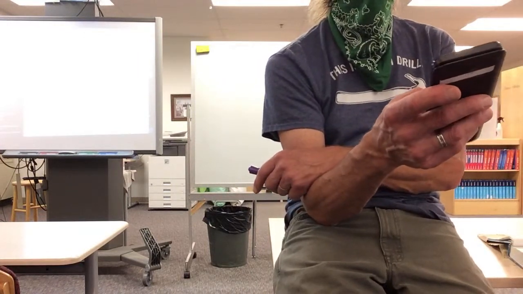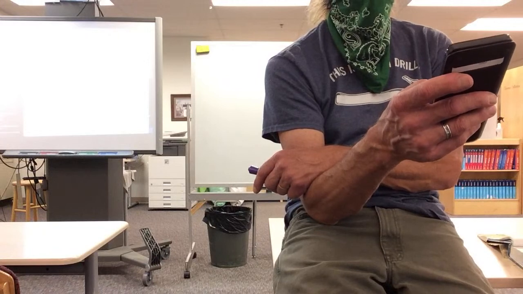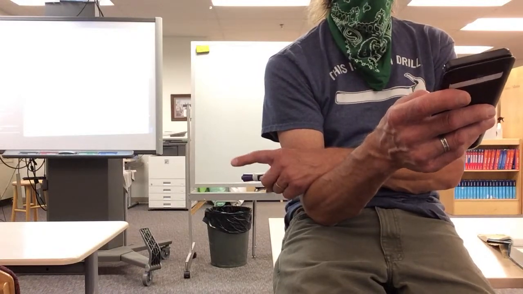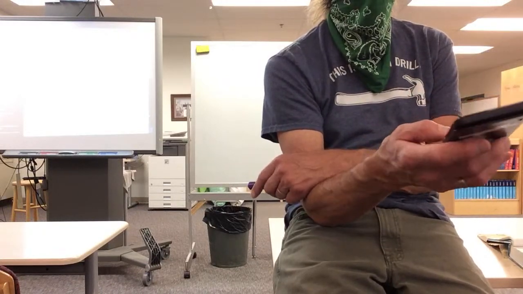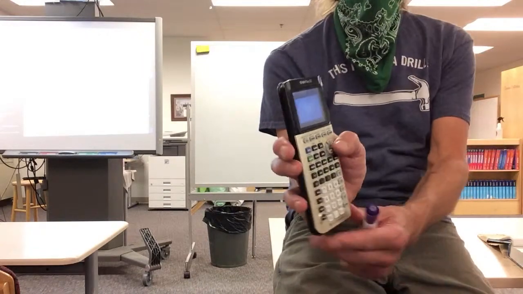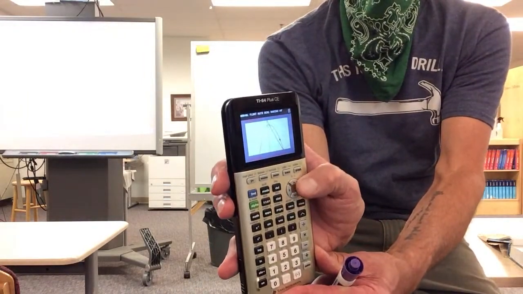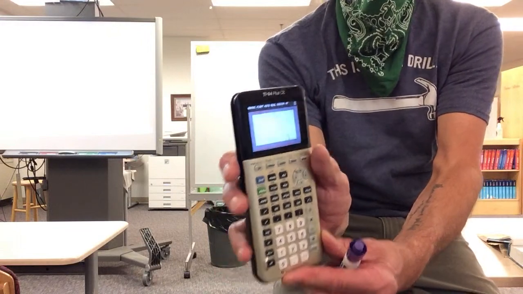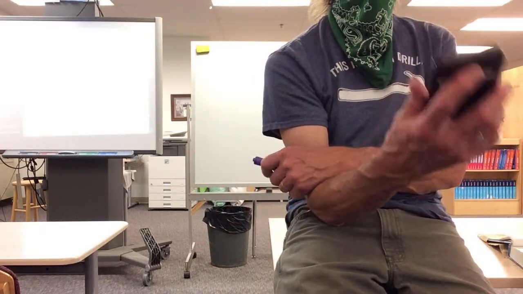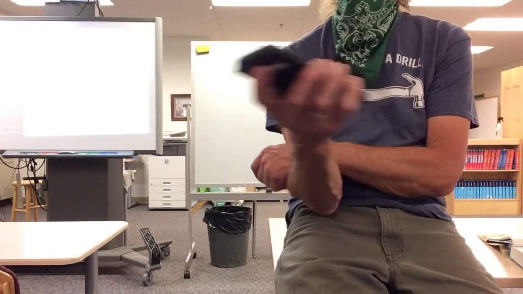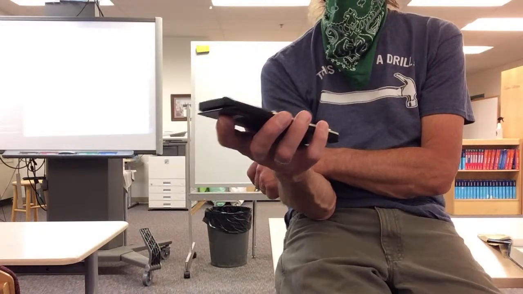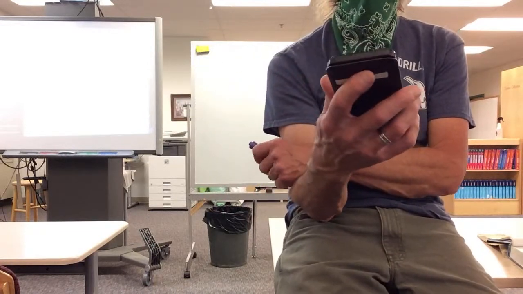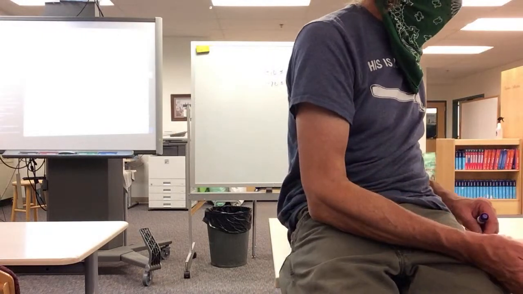So that's how you use the trace function. When you're tracing, it gives approximate x and y values as you go along the line, down on the bottom. It's not exact. There are other ways to be much more exact. But it's a tool that can be used for approximation.